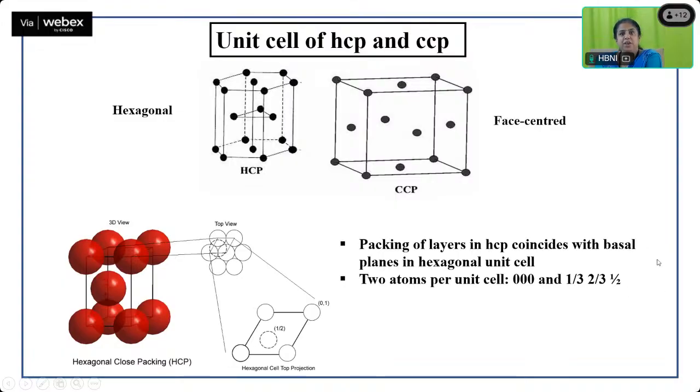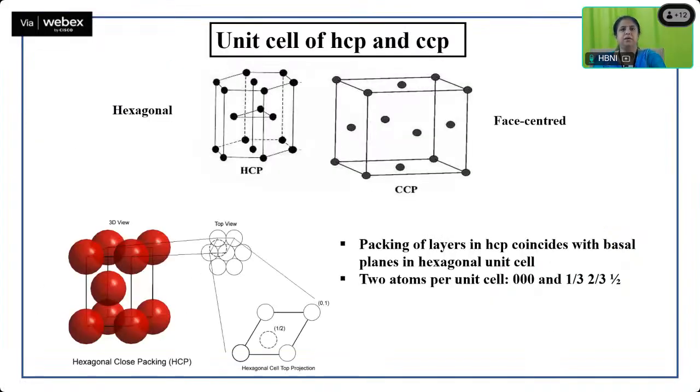Now, if I tell you that there is a structure which has a unit cell with lattice points at 0, 0, 0 and 1 by 3, 2 by 3, half, immediately you should be able to draw a cube. Of course, this is not a complete cube because this angle is 120 degrees, not 90 degrees, with atoms at the corner and one atom at this coordinate. Okay, I hope that's clear for HCP.